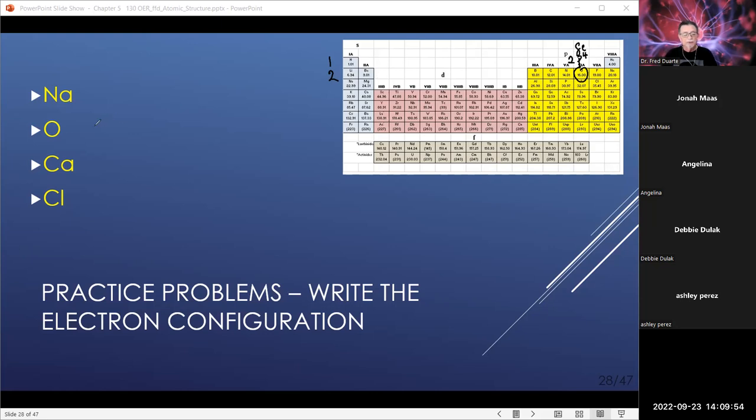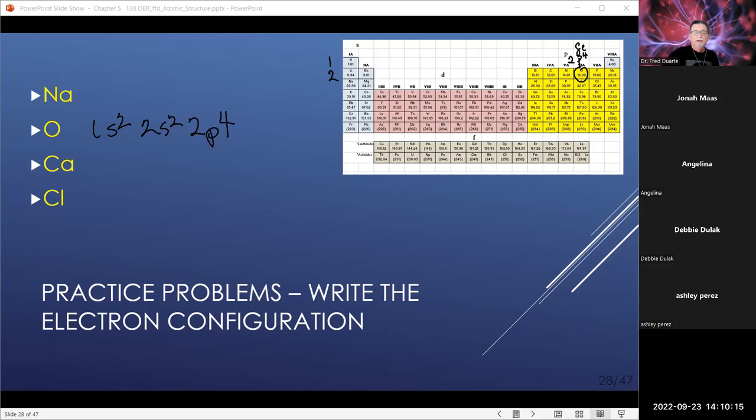So we can quickly write it down: 1s2, 2s2, 2p4. Count your superscripts. I got 8 electrons, which is consistent with the number of electrons that oxygen has.